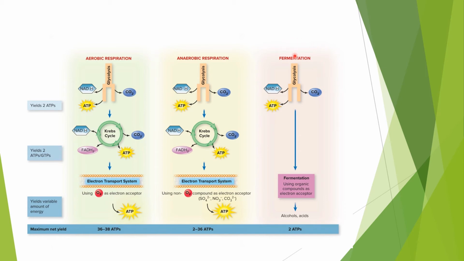And when bacteria go through fermentation, the net product of ATP that they are going to produce is around 2 ATP. So as you can see, huge difference, okay, if bacteria go through fermentation in terms of the ATP production.